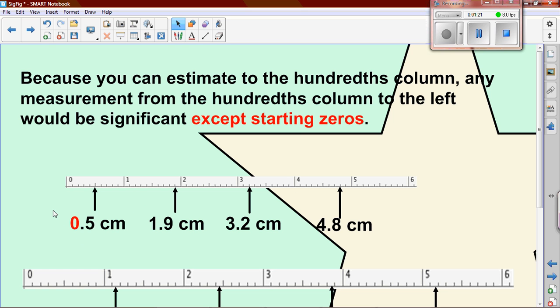We do not consider starting zeros like this one here highlighted in red to be a significant figure. What that means is it's not really adding any value to this measurement. It's just a starting zero. It's really more just a placeholder.